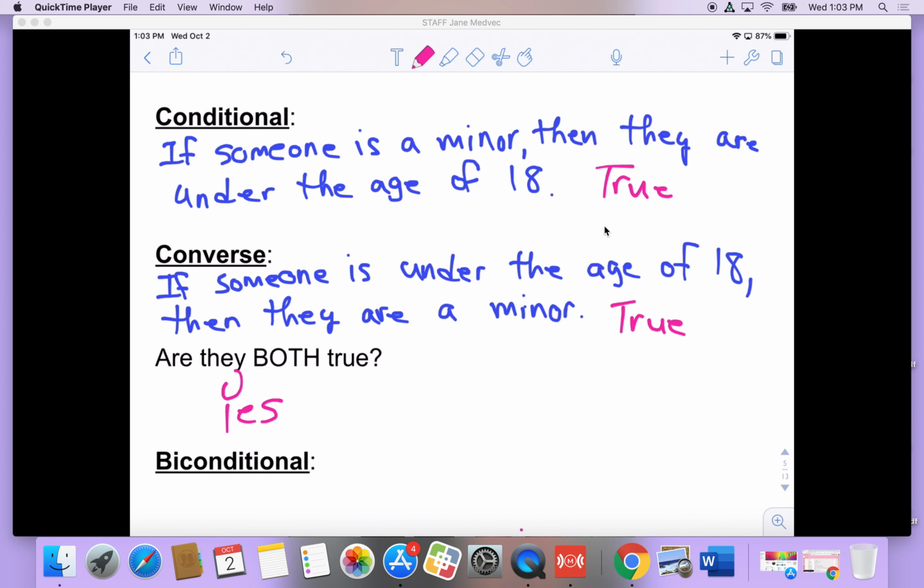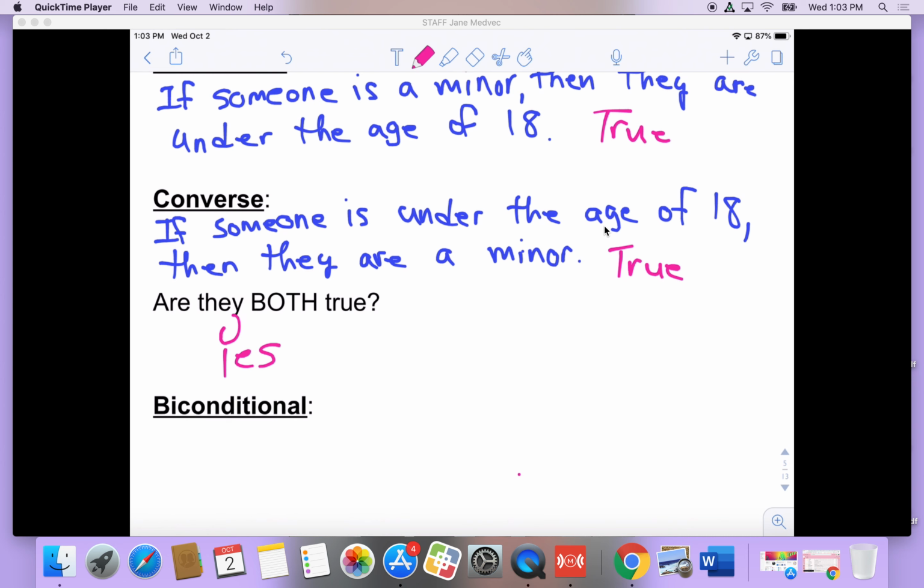Now, which one do I grab? I do the first one, right? The conditional statement. We're going to start with that one. So I'm going to take off the word if, and I'm going to start with someone, what? Good, is a minor, comma, what?